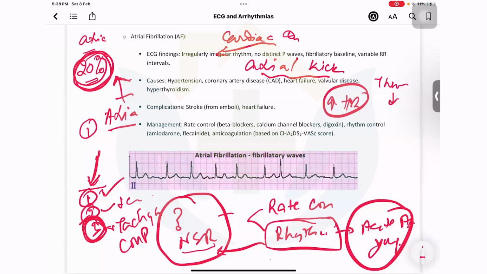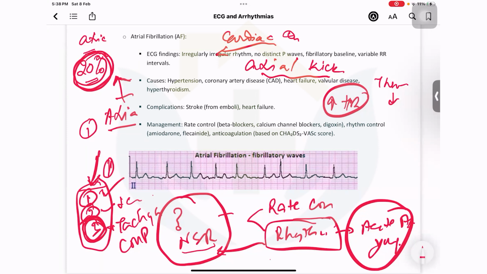So when we are controlling the heart rate or even the rhythm of a patient who has atrial fibrillation, we are trying to prevent them from going into tachycardia induced cardiomyopathy. Is that okay? So these are the major three reasons why we want to bring them back to sinus rhythm.